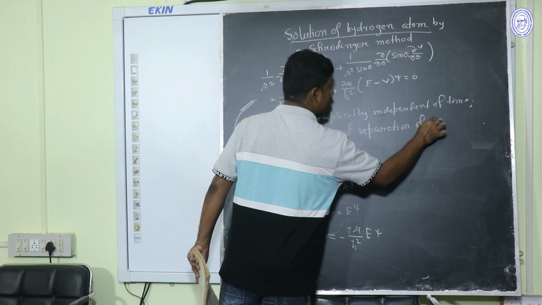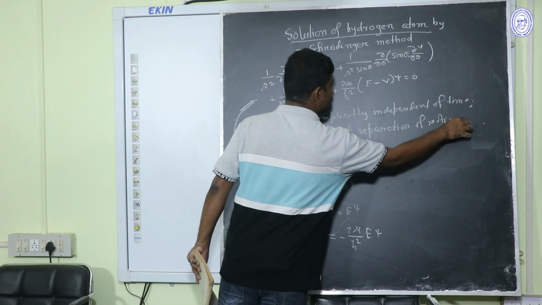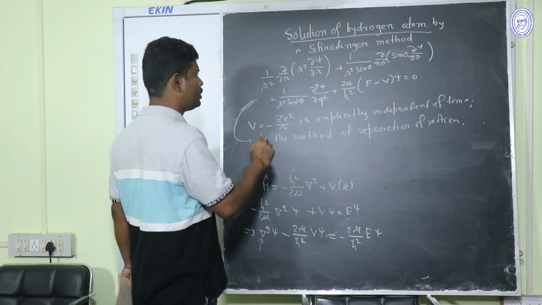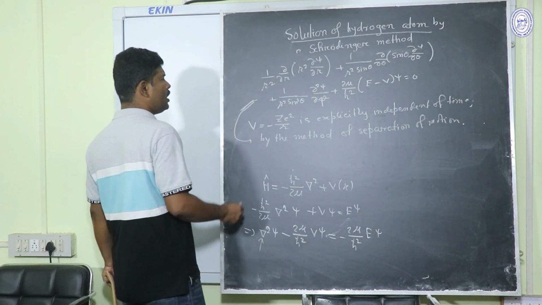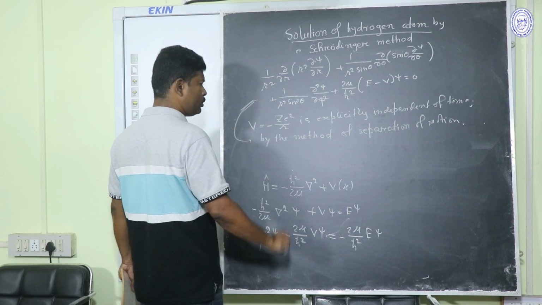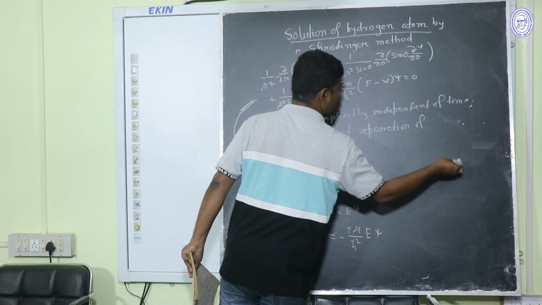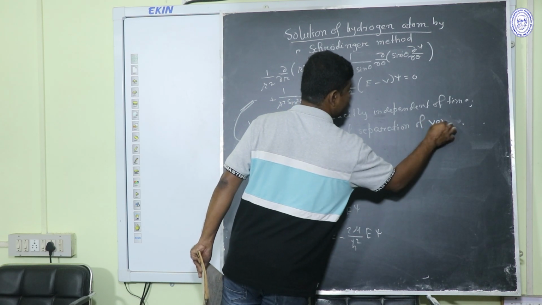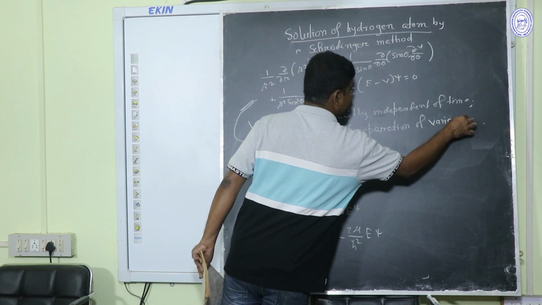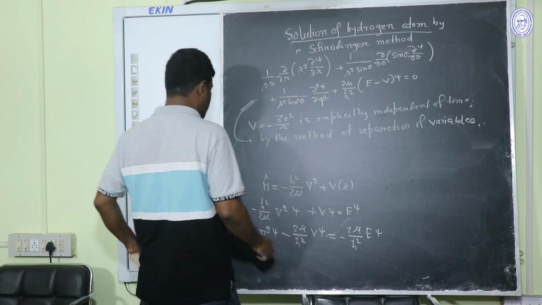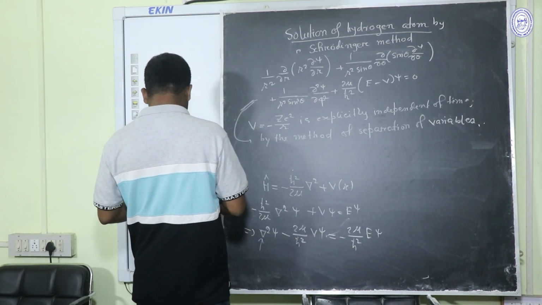This is very important. When solving the Schrodinger equation, when the potential in the equation is explicitly independent of time, we can solve the equation by the method of separation of variables.